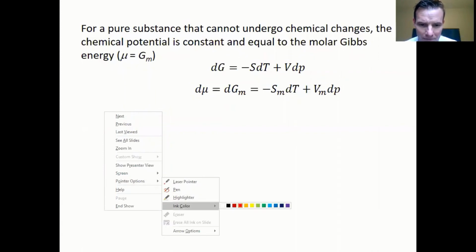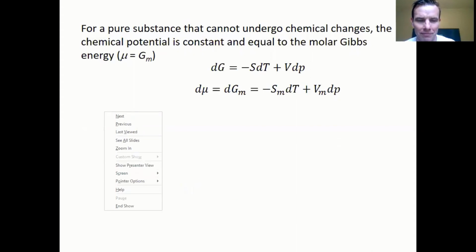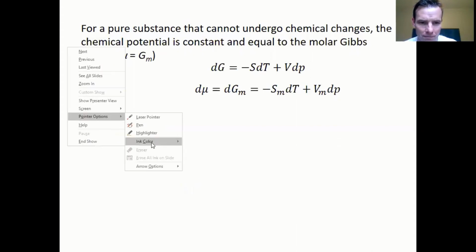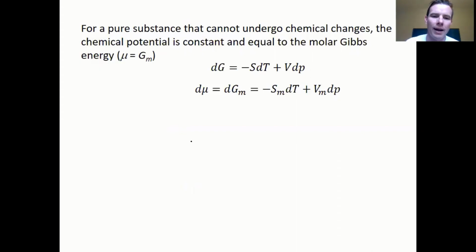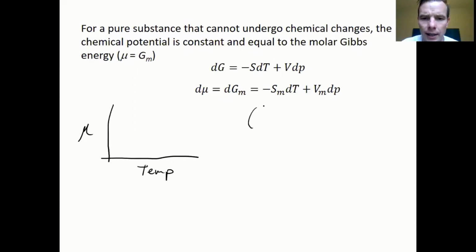Let's imagine I made a plot of chemical potential versus temperature. This expression is telling me that the derivative of the chemical potential with respect to temperature when pressure is constant is minus S molar.